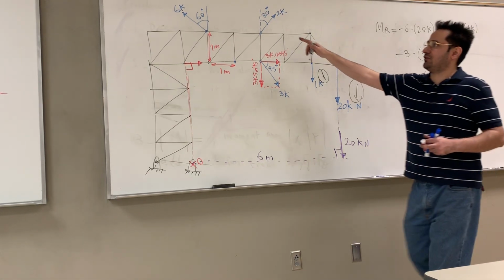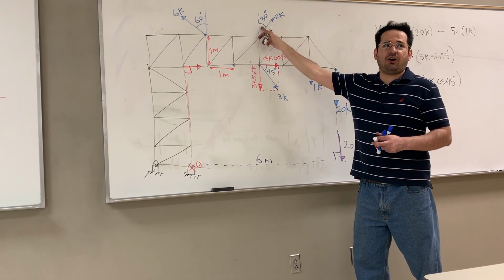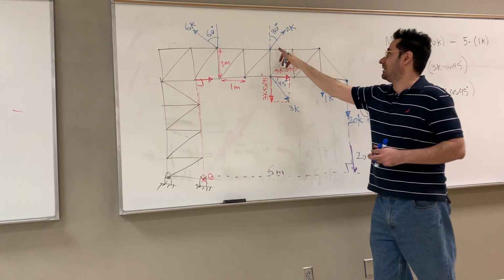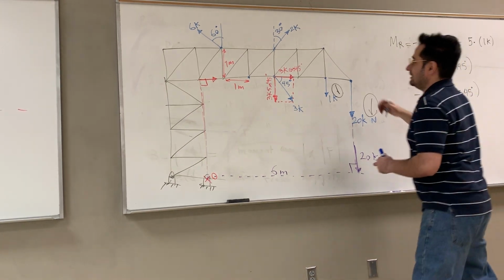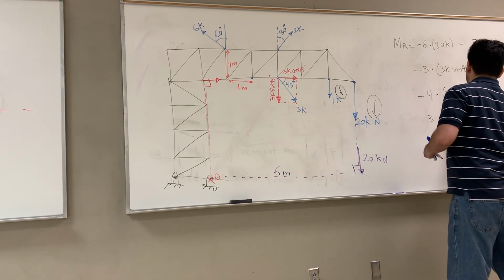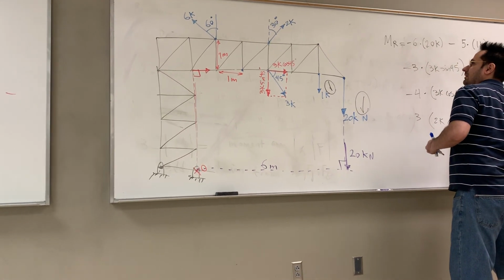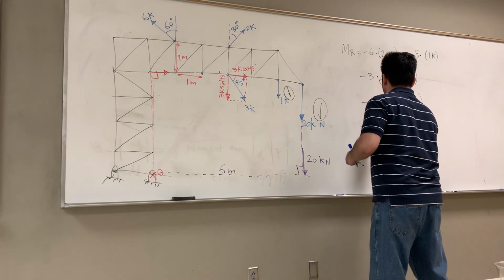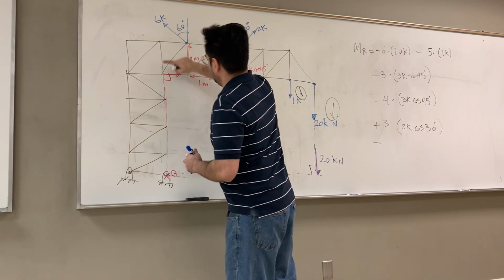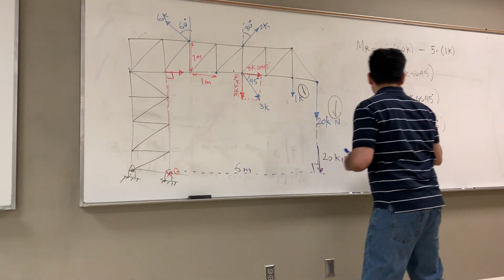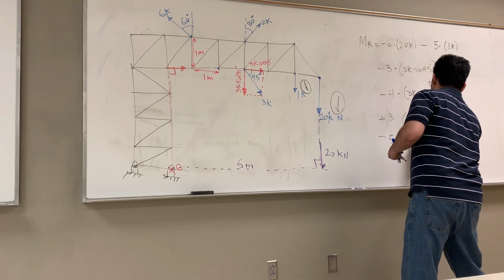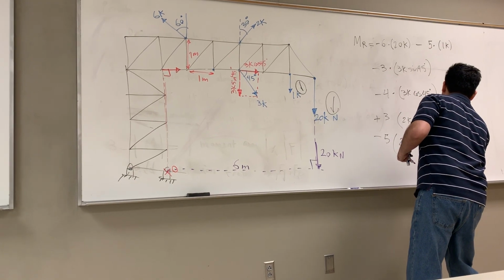Right? Now let's go to this guy. I'm going to write it very, very quickly, because we won't have time to do that. So that guy is going to be 3 times 2k cosine, positive, negative, 1, 2, 3, 4, 5. 5 times 2k sine 30.